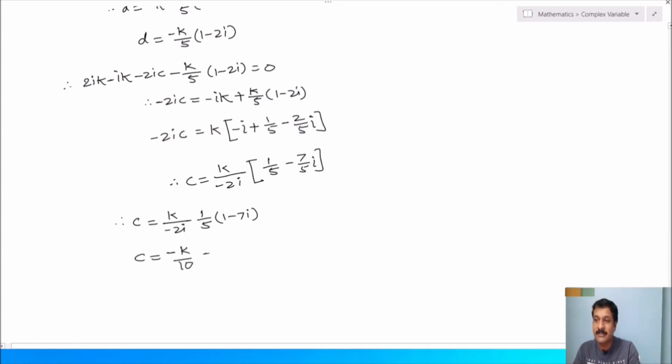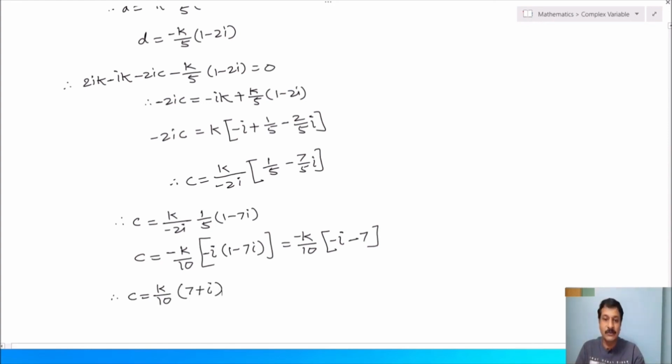This i becomes minus i in numerator: (1 minus 7i). It will be minus k by 10, inside minus i, minus minus plus, I am getting plus 7i square, means minus 7. So therefore what is the value of C? Minus common, so I am getting k by 10 in bracket (7 plus i).